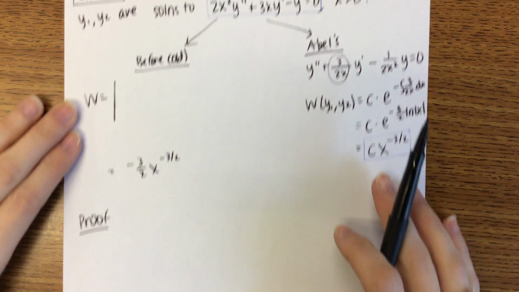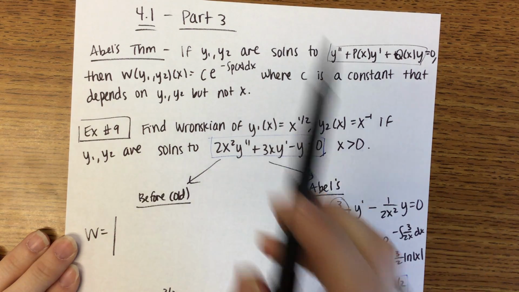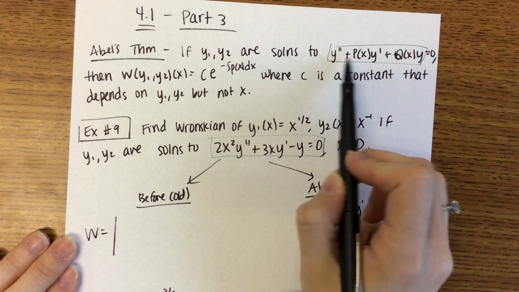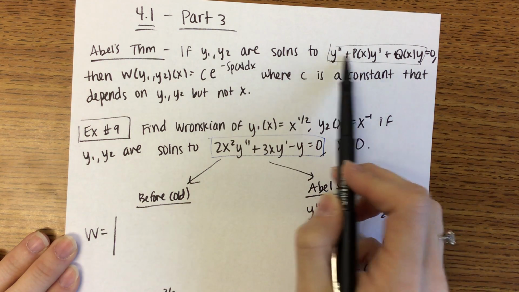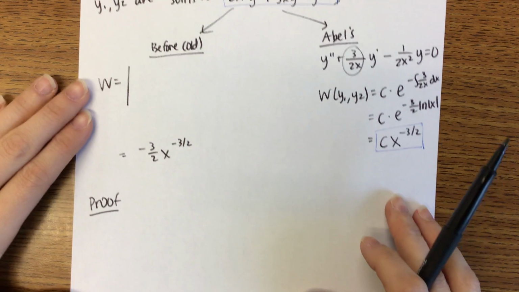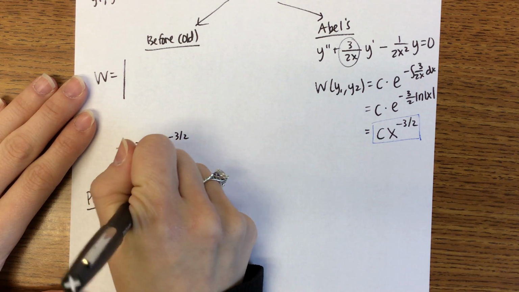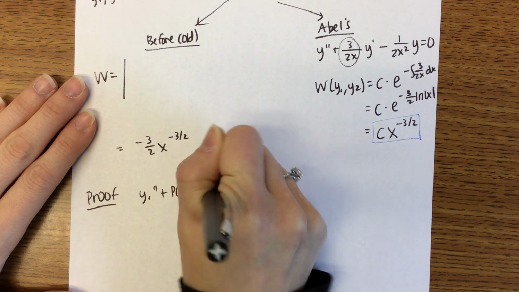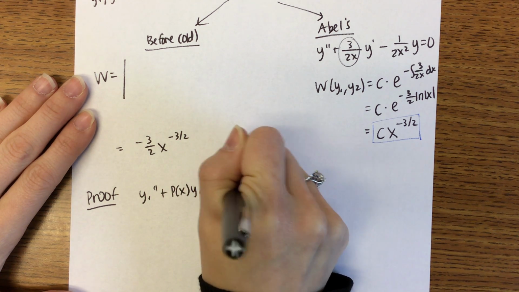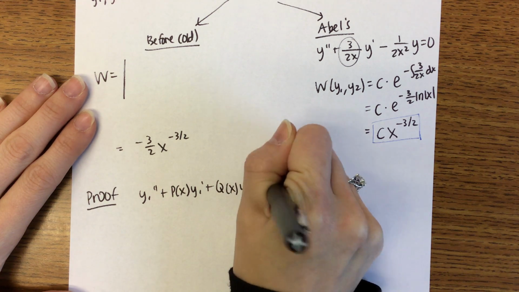So we know that we have y1 and y2 that are solutions to this differential equation. So what I'm going to do is plug both of those into here separately. So we get y1 double prime plus p of x times y1 prime plus q of x times y1 equals 0.